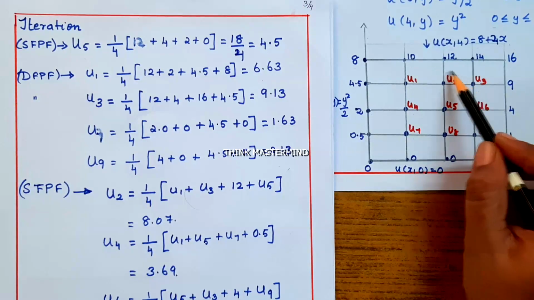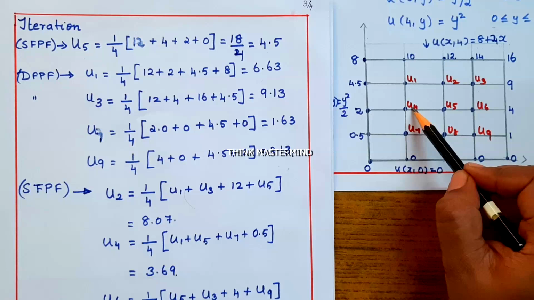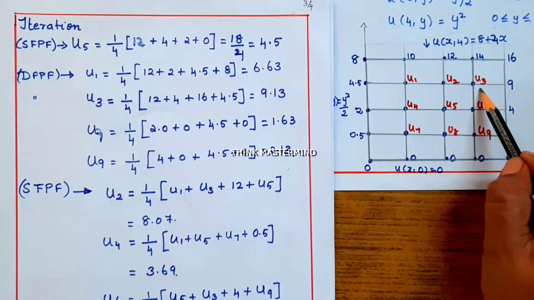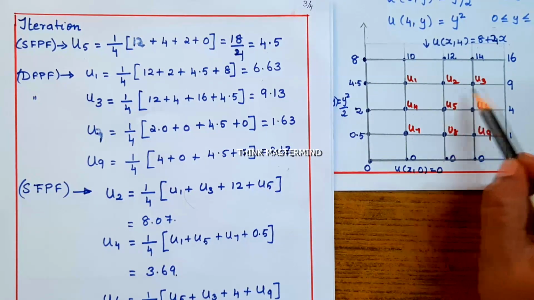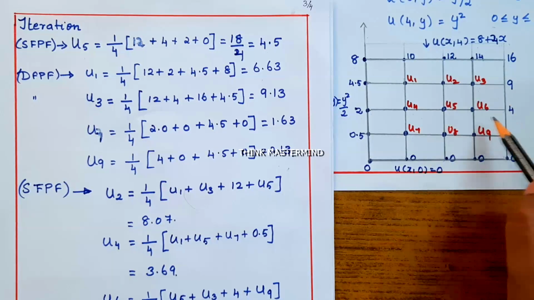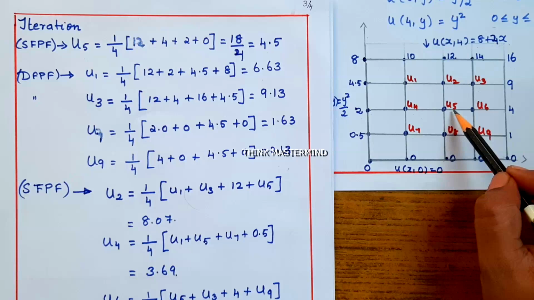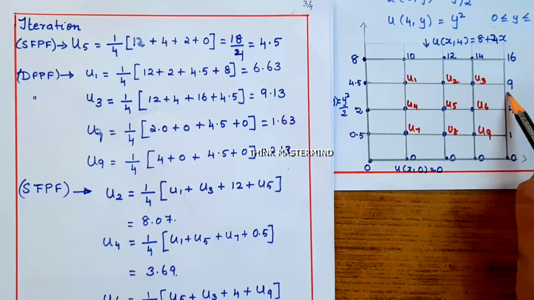Suppose I take the diagonal formula for u2, again here u4 is unknown. So that's why I am choosing the u3 initial value using the diagonal 5-point formula. For u3, I can't use the standard 5-point formula because u2 is unknown and u6 is unknown. I can use the diagonal 5-point formula. Already we know what u5 is. I know 16, and here the known values are 12, 9.